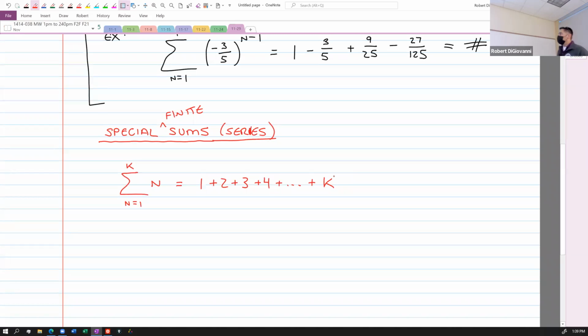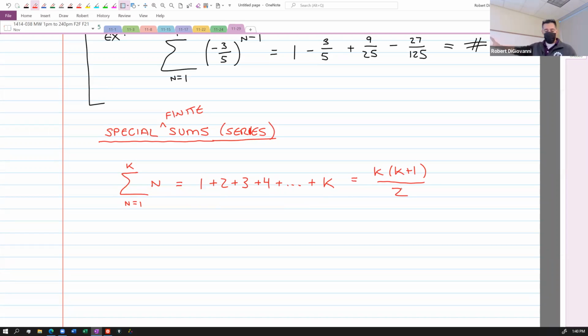Now we could add these up, right? Definitely this is going to add up to be a number. We actually have a formula for the answer. The answer to this is k times k plus 1 over 2. Do you remember me telling you about the story about the kid Gauss? That's basically the formula right there.